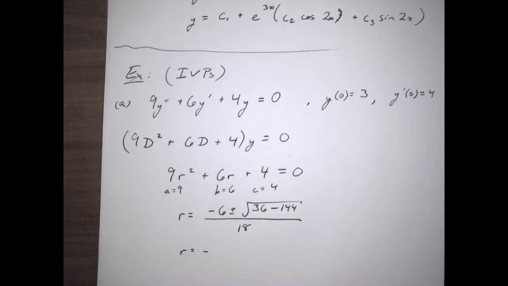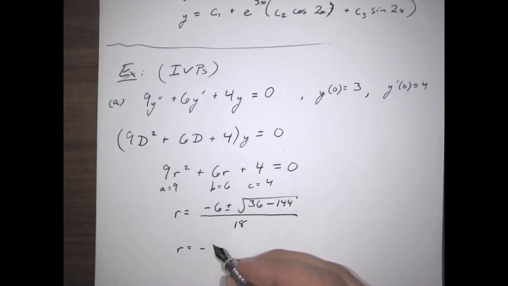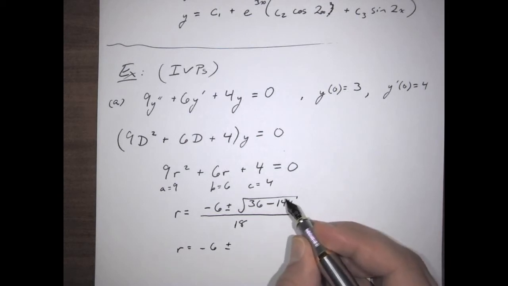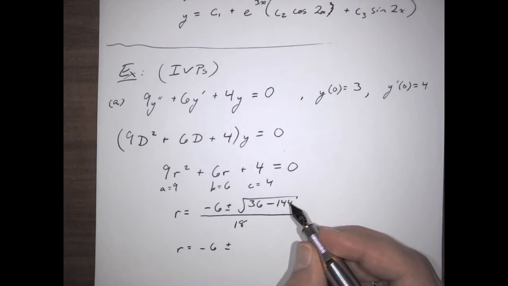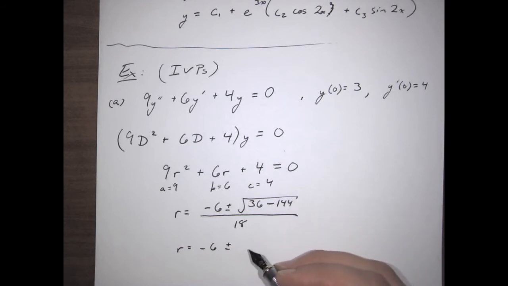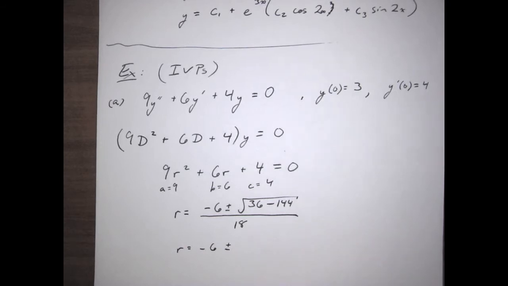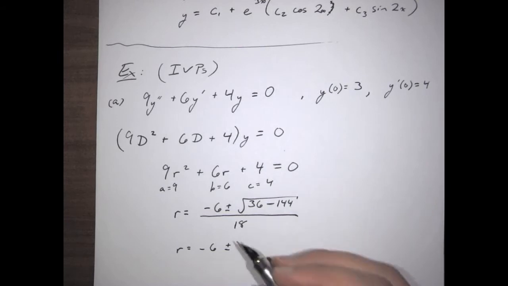So then that's going to leave us with negative 6 plus or minus, well, in any case, it's negative 36 times 3.